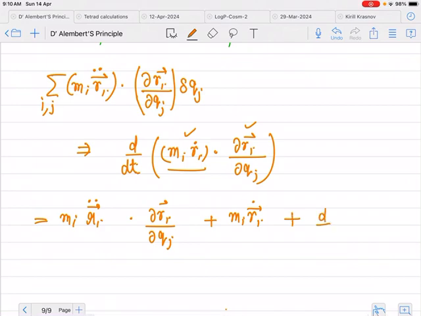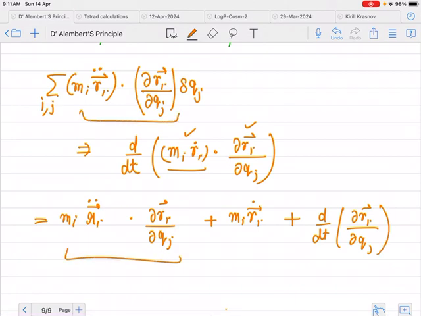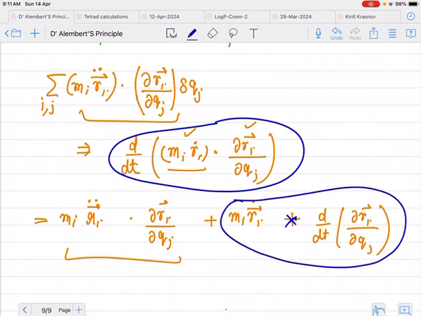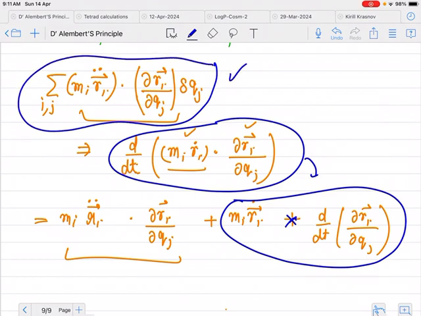So this expression we can write as this expression minus this expression, from the chain rule.